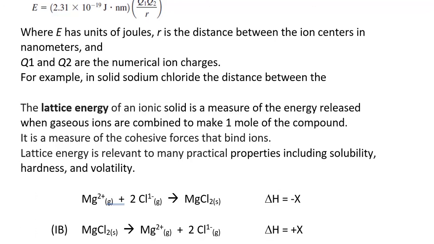However, the sign is changed. This is the way that IB defines it. It is the energy required to move the ions away from a solid ionic compound into their gaseous separate ions, and 1 mole of the compound as part of the definition.